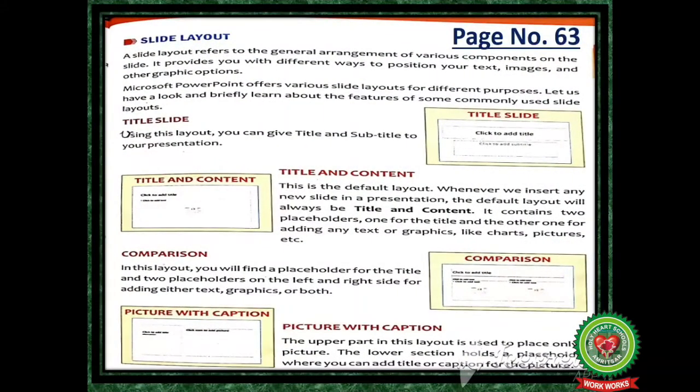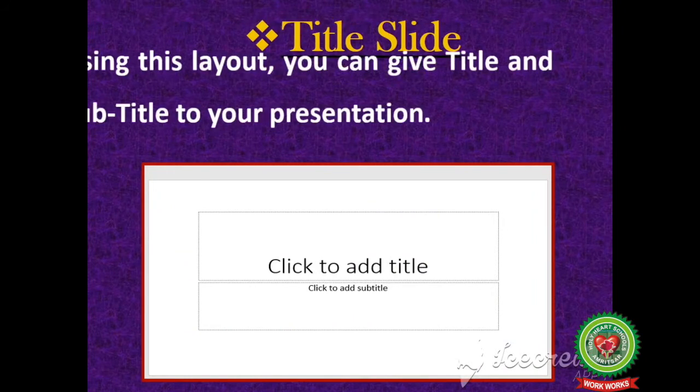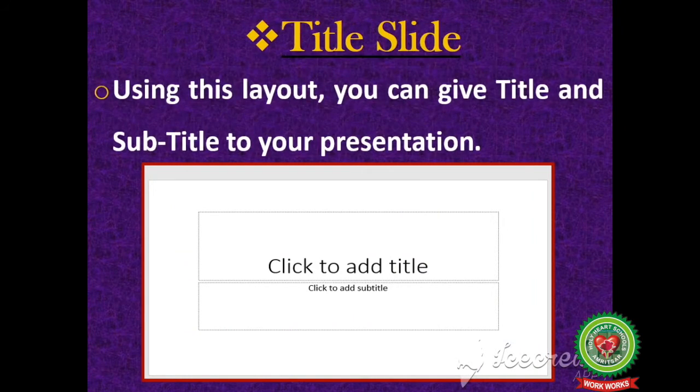Now on page number 63, our first topic is slide layout, and our first layout is title slide layout. In this layout, you can give the title in the first placeholder and subtitle in the second placeholder by just clicking inside these two placeholders.